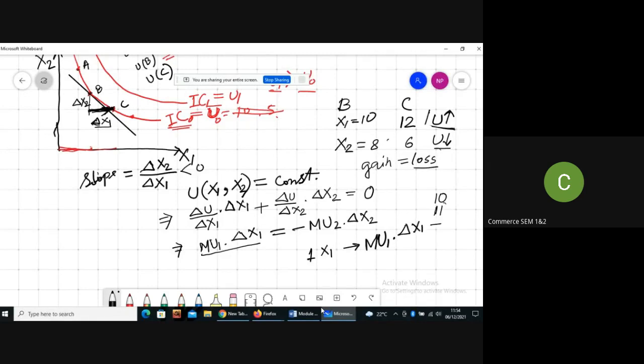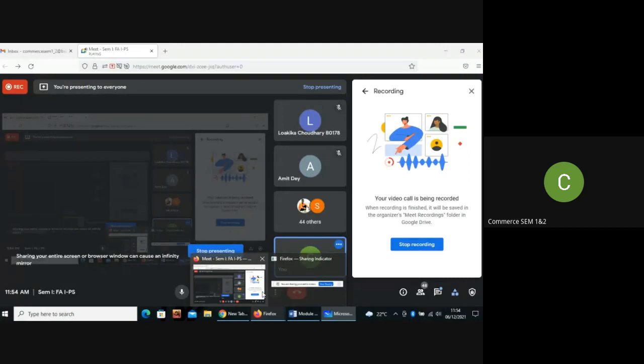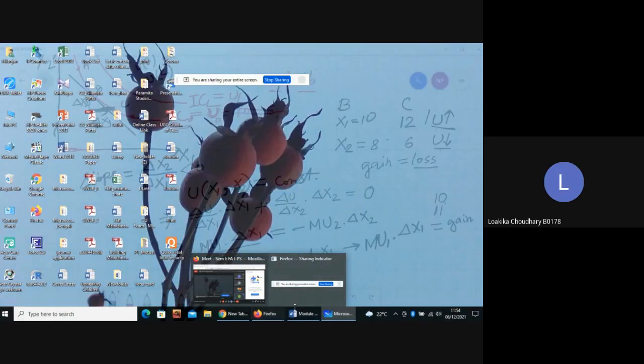This is nothing but the gain in utility due to delta X1 more amount of commodity 1. Is this clear? Yes, sir.